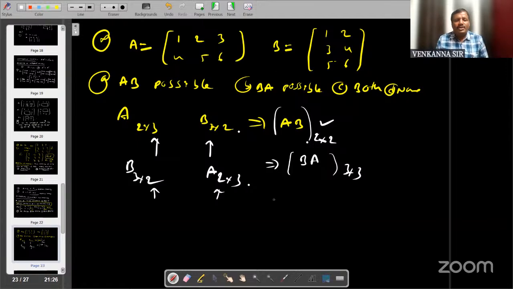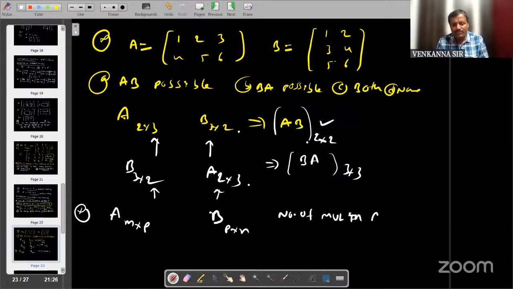Next, if A order is M by P and B order is P by N, this is also very important.